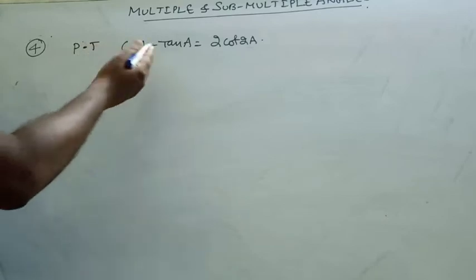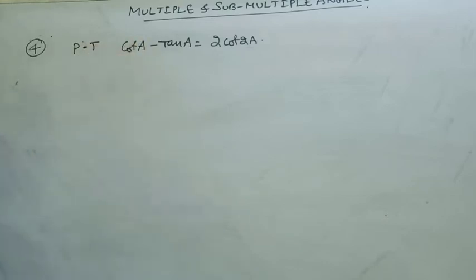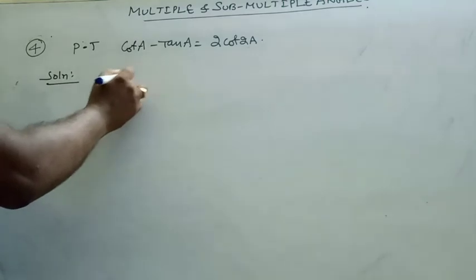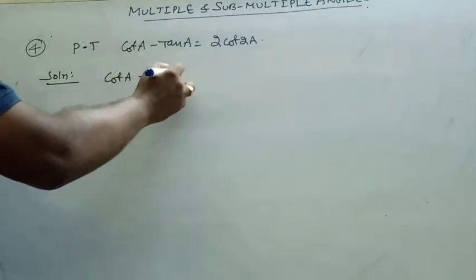Now see another problem. Fourth one, prove that cot A minus tan A is equal to 2 cot 2A. See my dear students, how we are going to do this problem. We have here cot A minus tan A, the left hand side part.